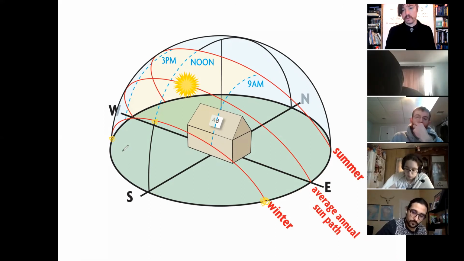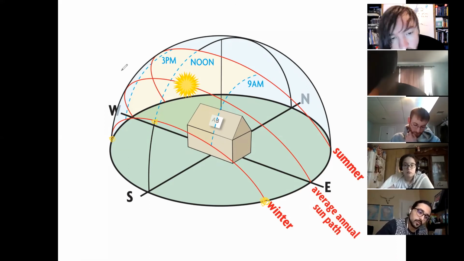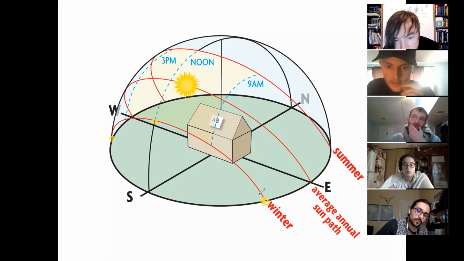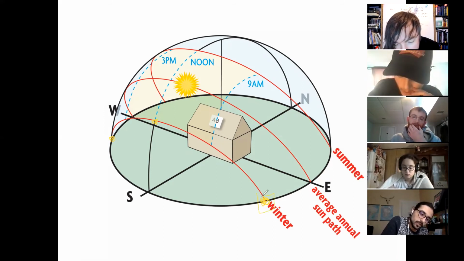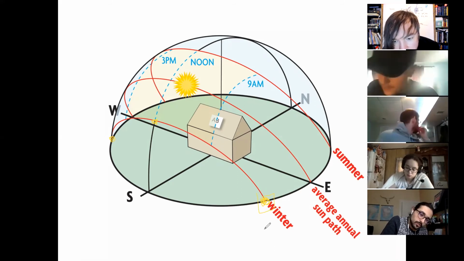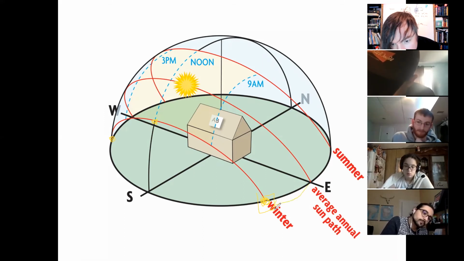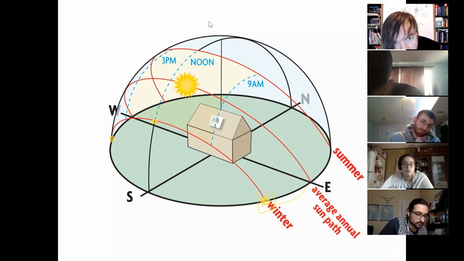All right. Let's start with the rise. 0 degrees altitude, and it looks to me like we can just call it south of east.